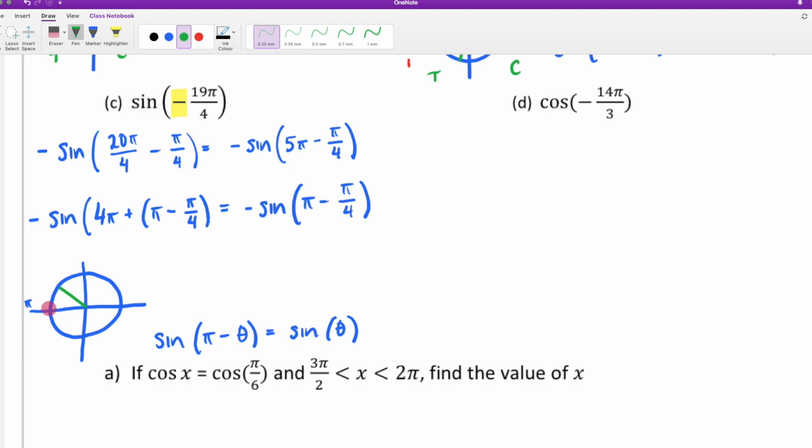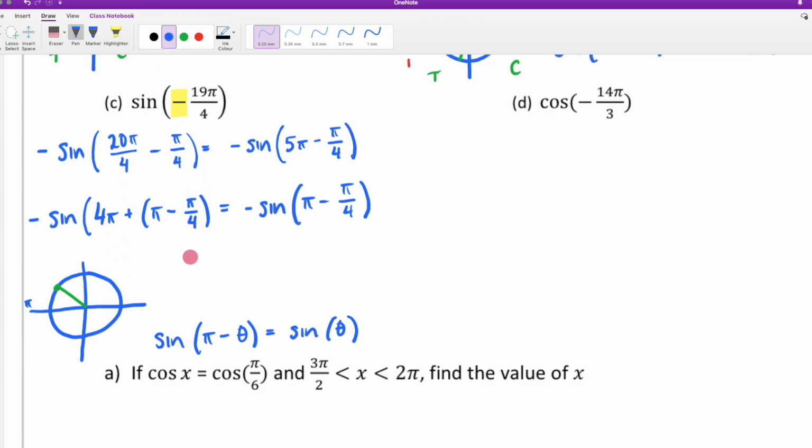I'm starting at pi, then I'm going back. It's taking me here, which brings me to my second quadrant. And because sine is positive in my second quadrant, that means I'm going to have a positive answer here. Think of sine as your y values, so anything above the x-axis is obviously going to be positive for sine.